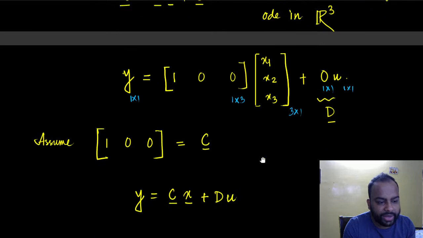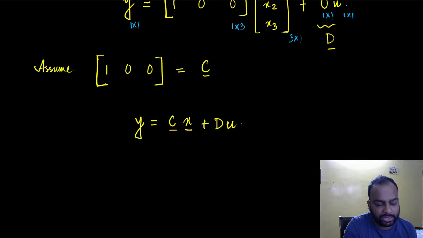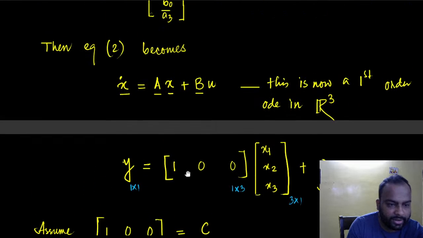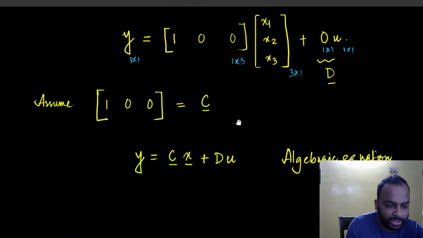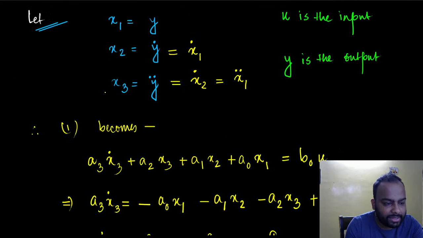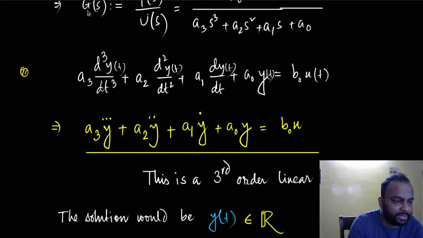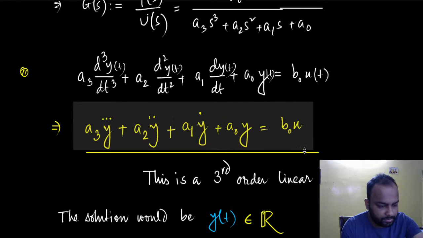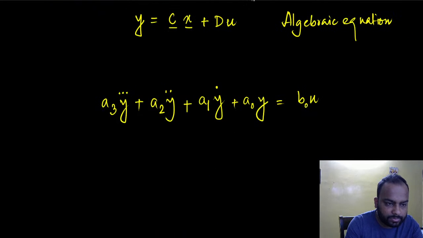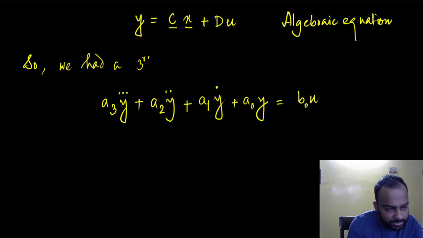So we have two equations. This equation is an algebraic equation. This is not a differential equation. And this one is the first order ordinary differential equation. So if I write them together: we had a very simple third order system.